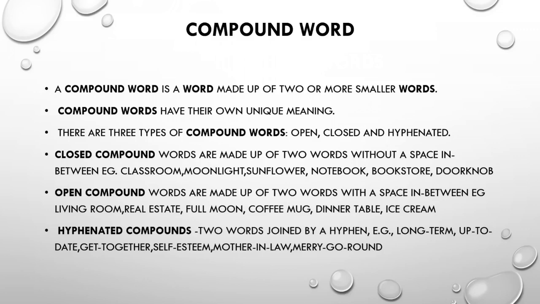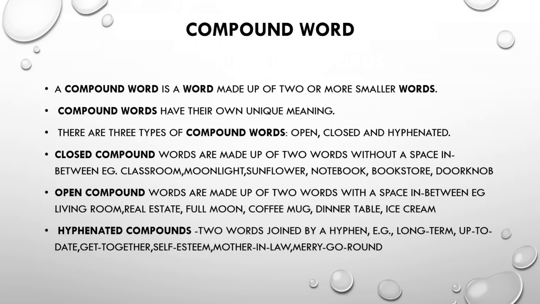Then you have notebook, where note and book are combined. Then you have bookstore, which consists of book and store, and it is used as a single word. Then you have the word doorknob, which consists of the words door and knob. These types of words are known as closed compound words.